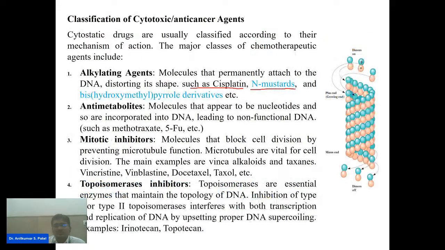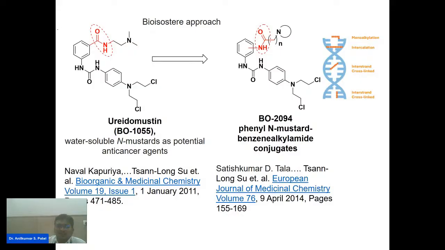I have written here the nitrogen mustard. I am going to present one compound, uridomustine, a water soluble and potent anti-cancer agent. This first molecule was published in 2011 in Bioorganic and Medicinal Chemistry by Novel Kapuria, Sang Bamsu and their group. Because I worked there at Academia Sinica, these compounds became lead molecules.